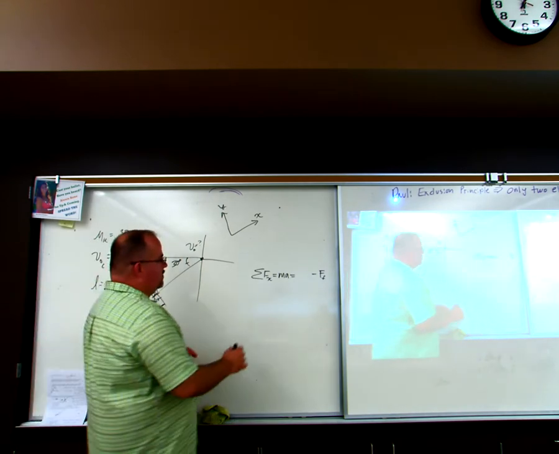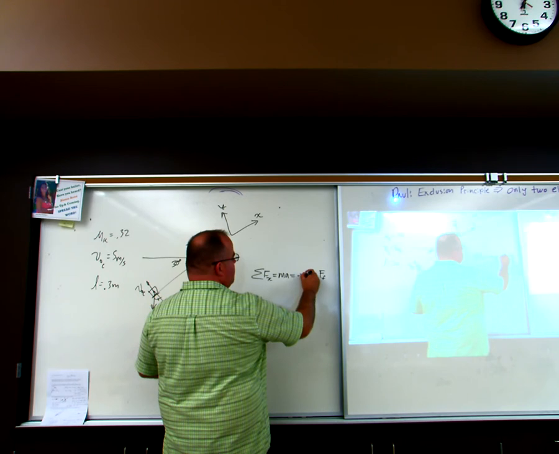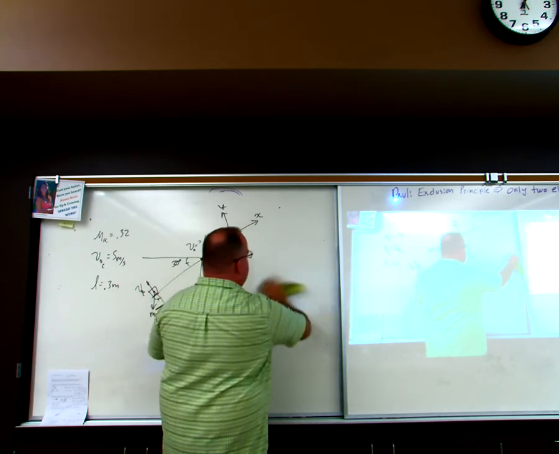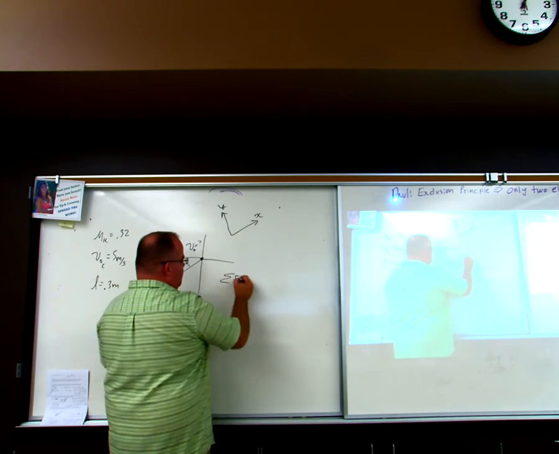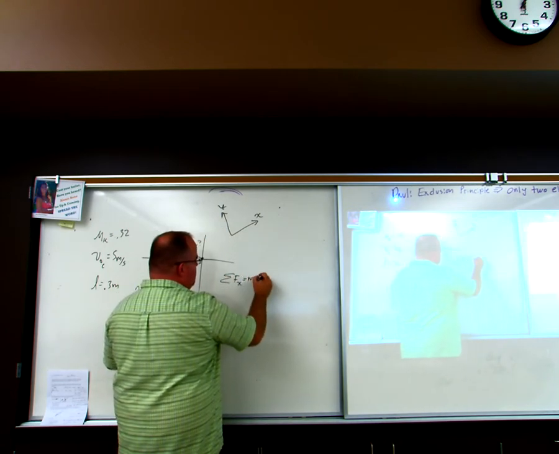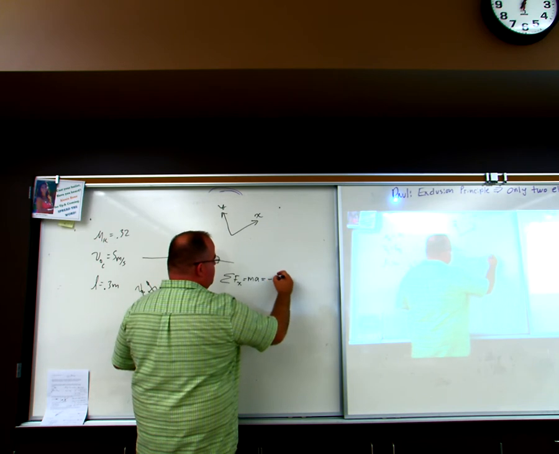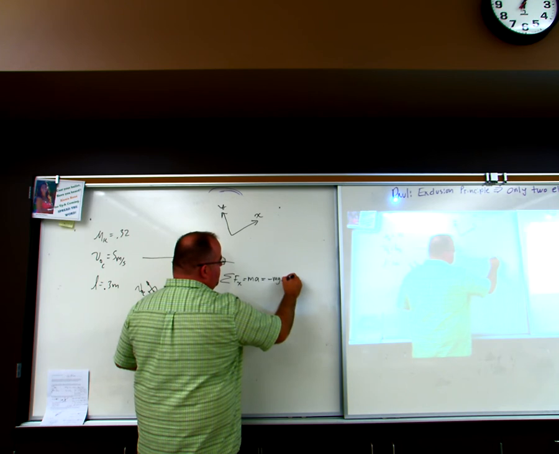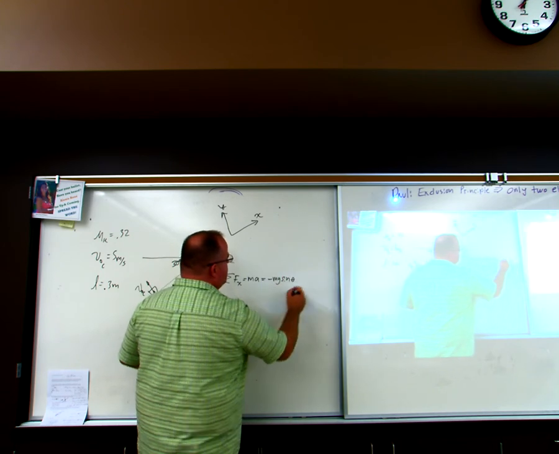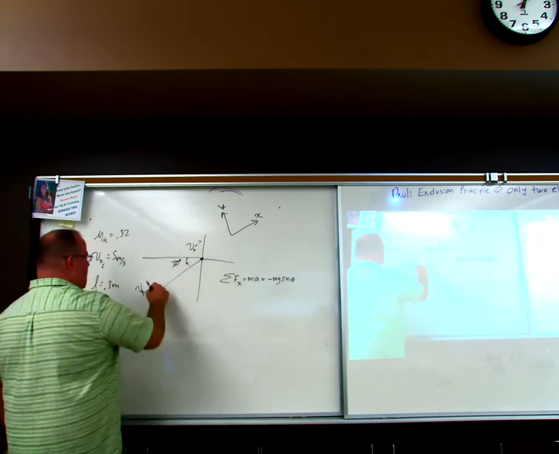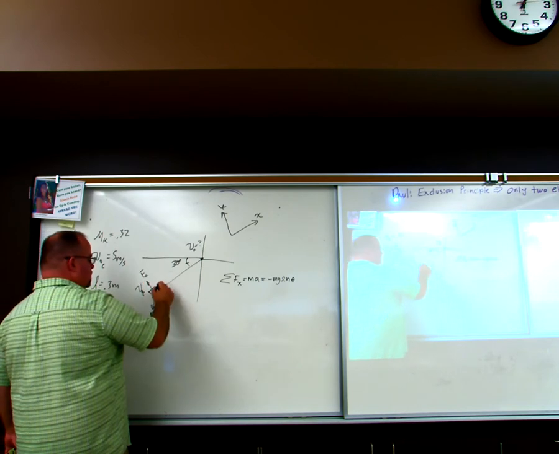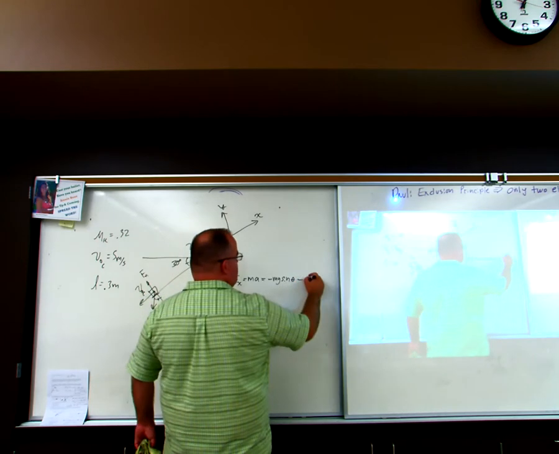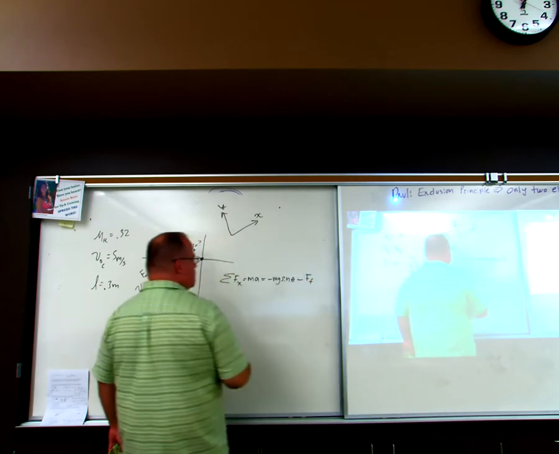So then it's minus mg sine theta. That's going down, this is the normal force, and the force of friction is going back like that, minus the force of friction.